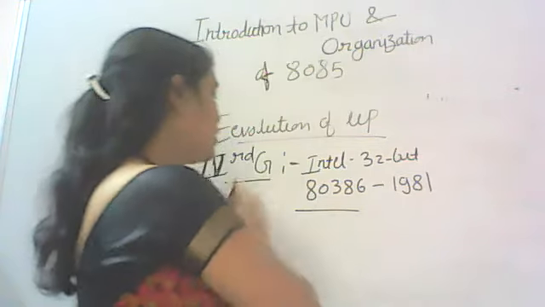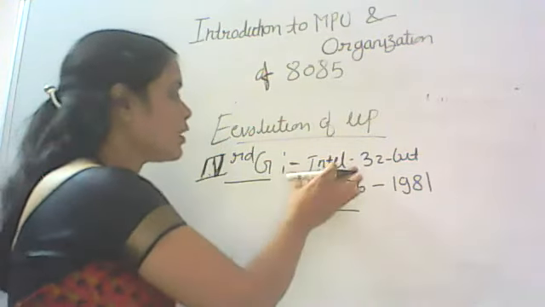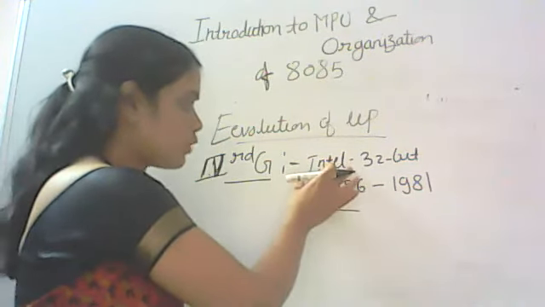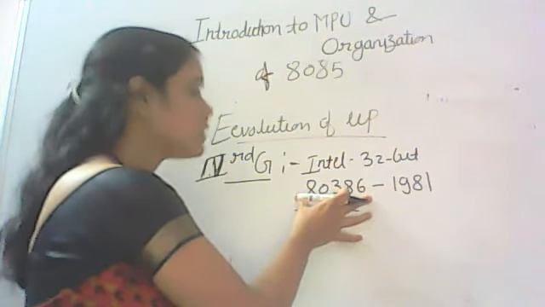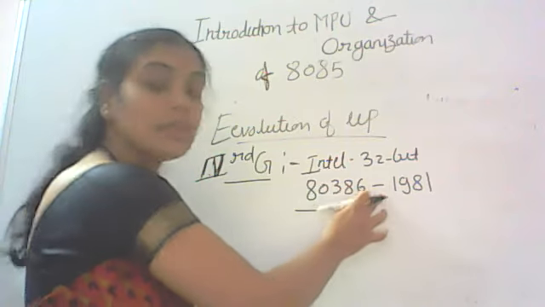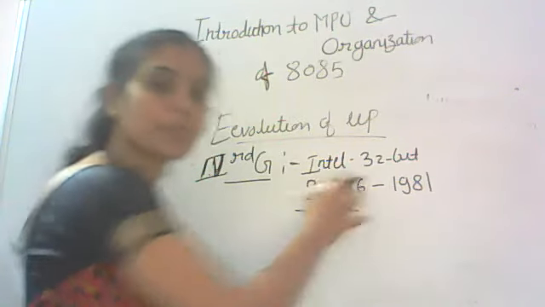Fourth generation microprocessor. Intel introduced the first 32-bit microprocessor, the 80386, in 1981.